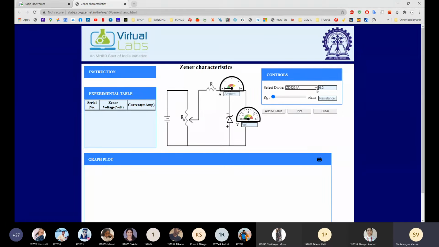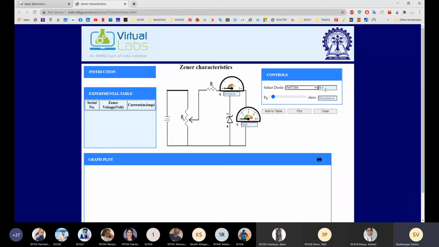So see over here. If you are choosing this Zener diode, then 6.2. So 6.2 is the Zener voltage. If you choose this one, then Zener voltage is 3.6. If you choose this one, then Zener voltage is 9 volt. This shows the constant voltage when the Zener diode is in reverse bias.